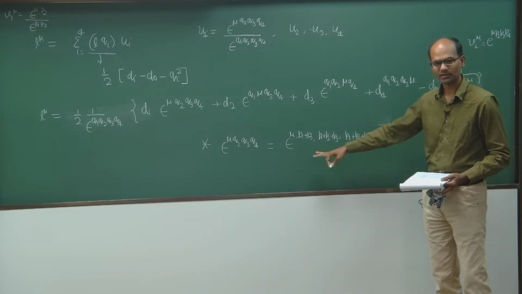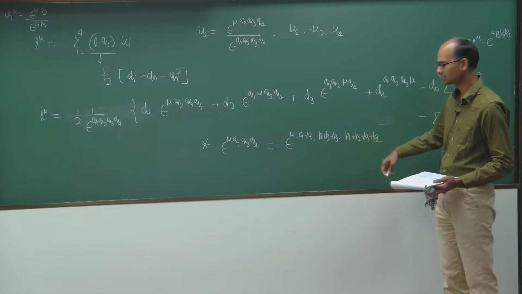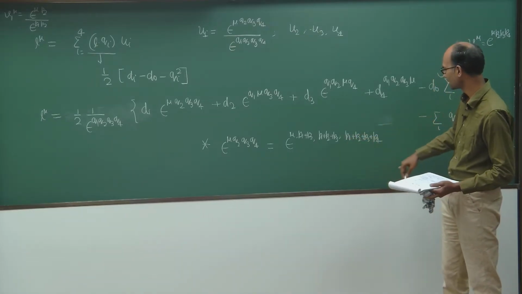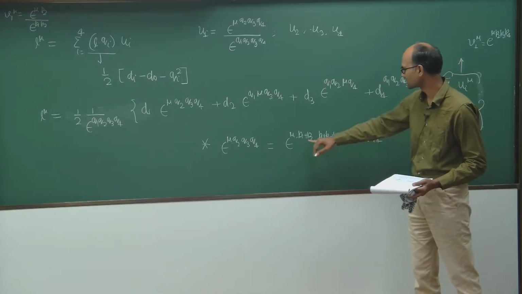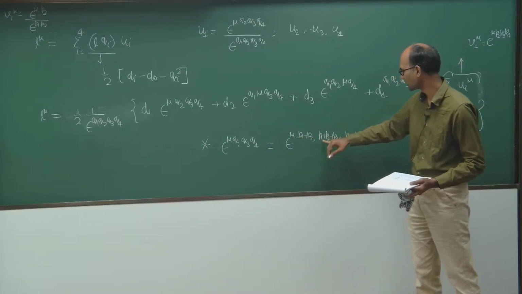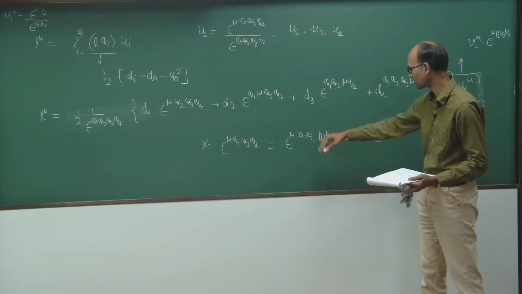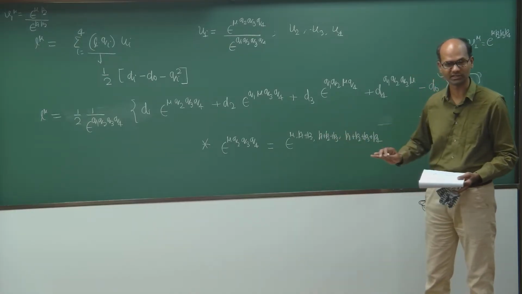Now, because of the antisymmetric property, although I have contracted indices, you will find terms like epsilon mu p1 plus p2 and again p1 plus p2, and whenever two of them are the same, it would be 0.